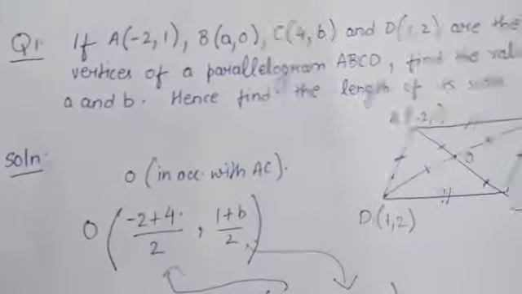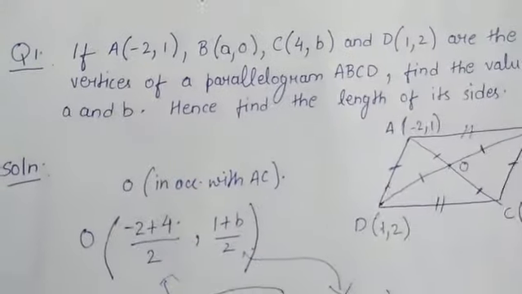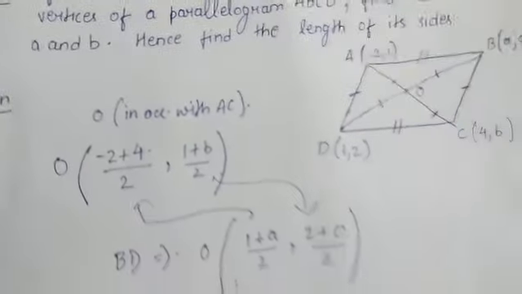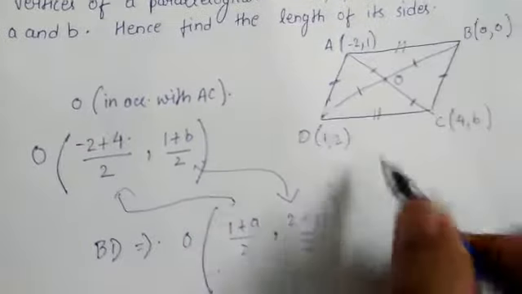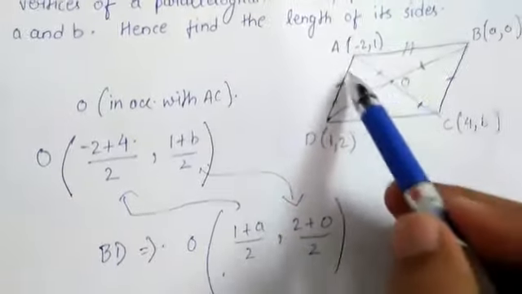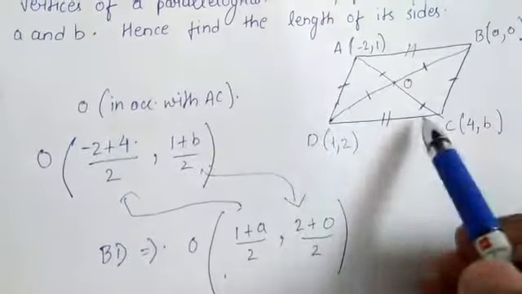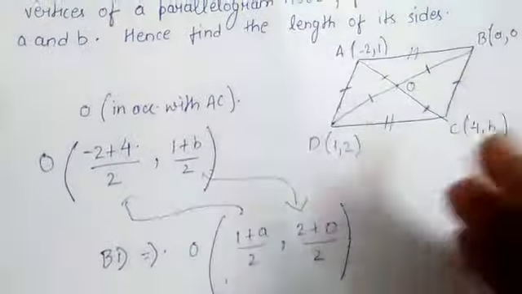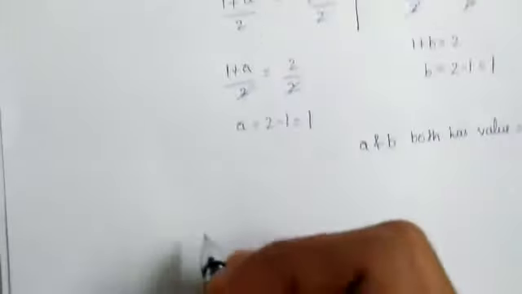So the first part of the question is already over. To find the values of a and b, both are 1. Hence find the length of its sides. Finding the length of a side is very easy. You can just use the distance formula. Now you know all the coordinates of A, B, C, D. So just using the simple distance formula, I will write the formula quickly.